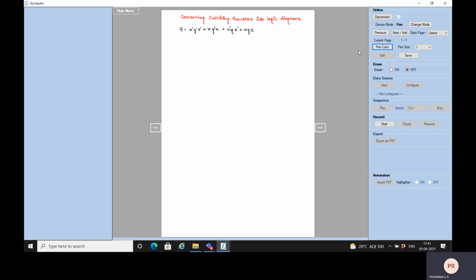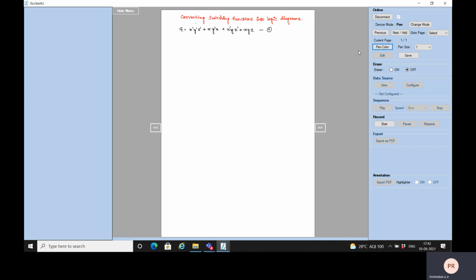In order to construct this logic diagram, the very first step on this given logical switching equation is to use the comparison method to remove the redundancy within the terms. So first we will apply the reduction or comparison method to remove the redundancy amongst the terms.